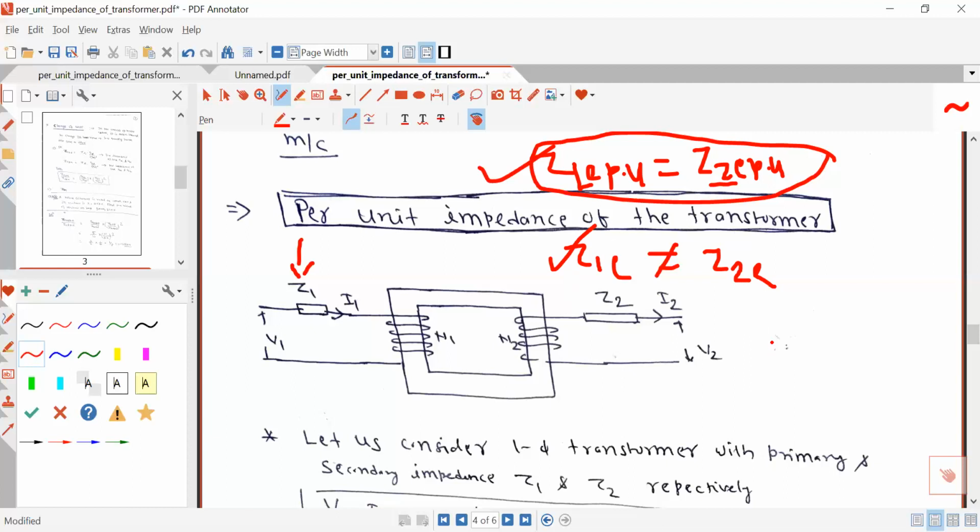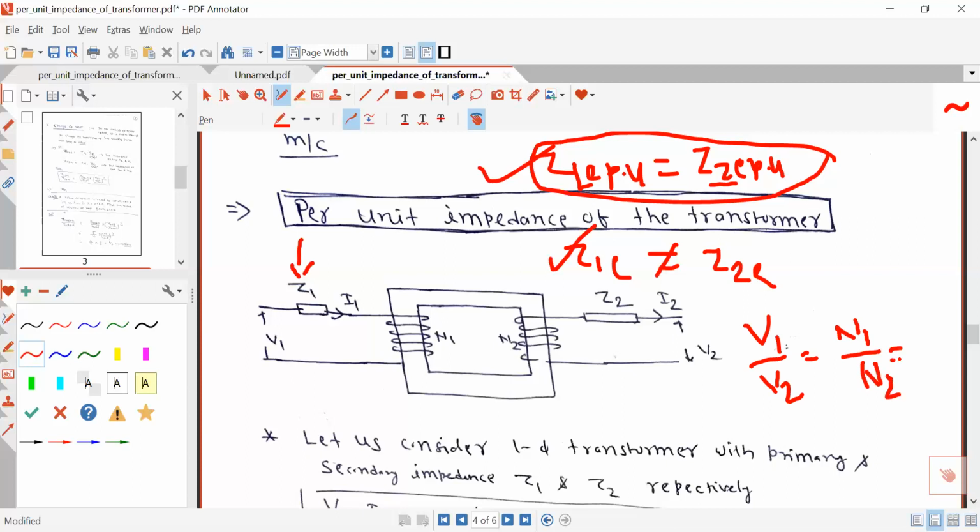Second thing, you have studied that for the transformer, if there is no loss, if you ignore the loss in the winding, if you ignore the drop in the winding, then the ratio V1 by V2 will be equal to its turn ratio, N1 by N2.